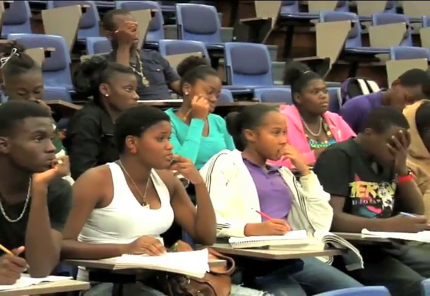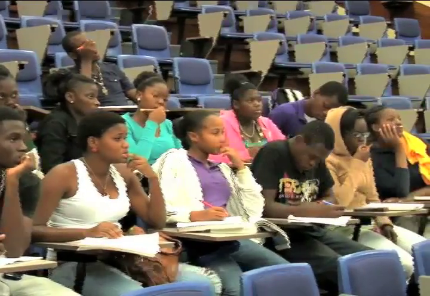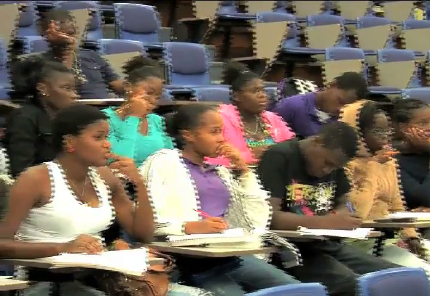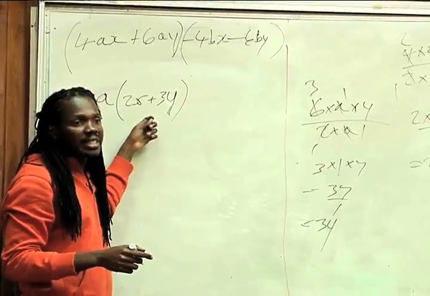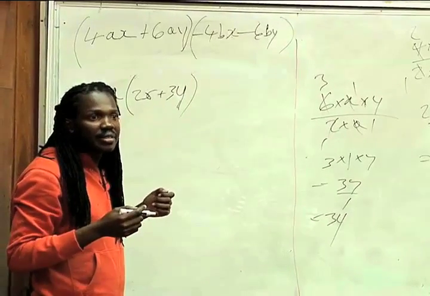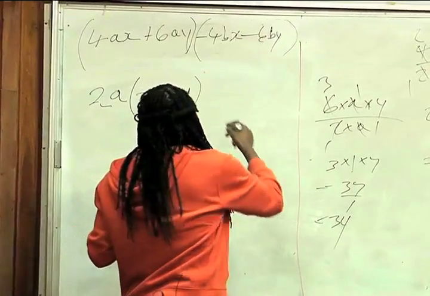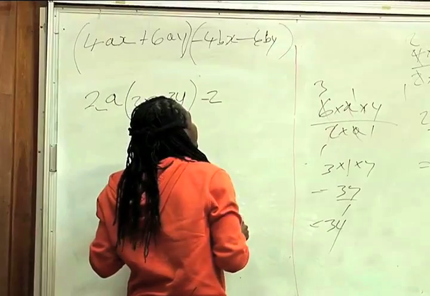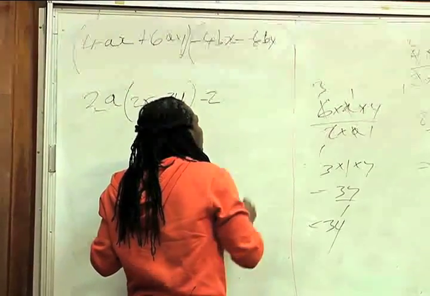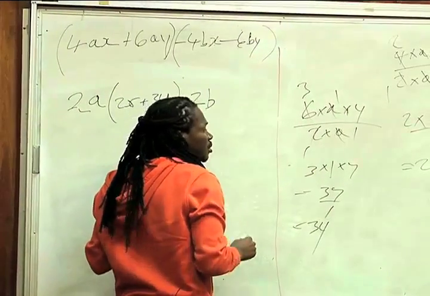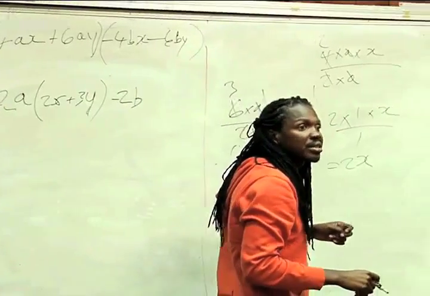The only way it can be plus is when dividing and multiplying, the signs are the same. So I need the sign to be the same as this to get back this. If I don't get back this, then I can't go further. You understand? So negative 2. What letter is common? b. To what power? What is the lowest power of b?